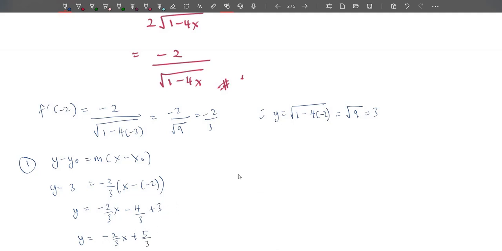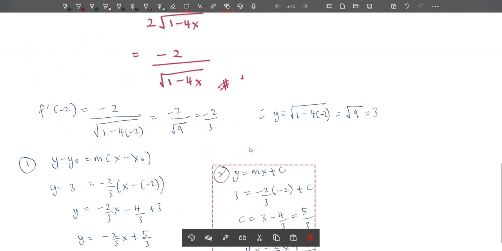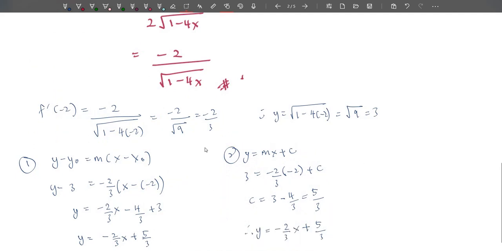We actually have another method, which is this one. Here we use the equation of a line, y equal to mx plus c. So y is equal to 3, and m is negative 2 over 3 times x, negative 2, plus c.